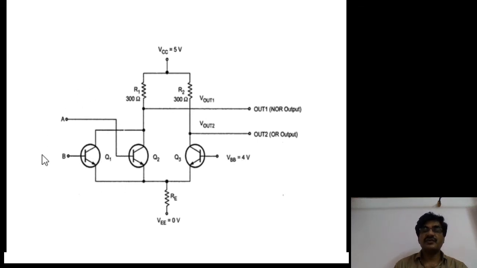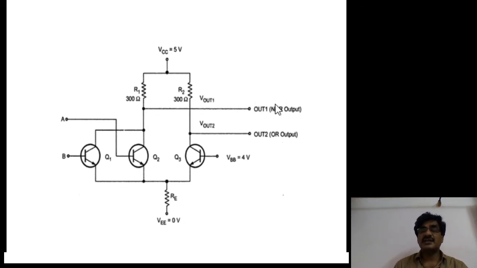Okay, now let us observe the action of this circuit diagram. Does it work as a NOR gate or not? Suppose both the inputs are at logic low, that means very low voltage, that voltage may not switch on transistors Q1 and Q2, both are in off state. Since these two transistors are off, that is open circuit, hence at Vout1 we are getting logic 1, because the entire VCC is available here.